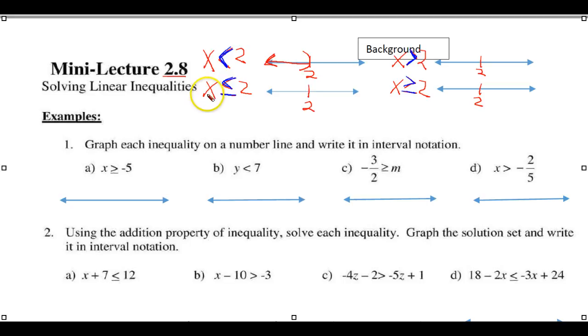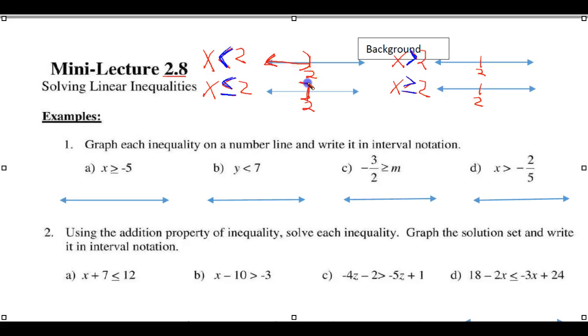Now, as we read this next one, x is less than or equal to 2. Now, 2 is in the system. It's in the set. So we indicate that where it's not in the system with a parenthesis. When it's in the system, we use a bracket.